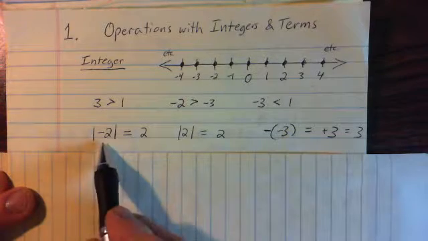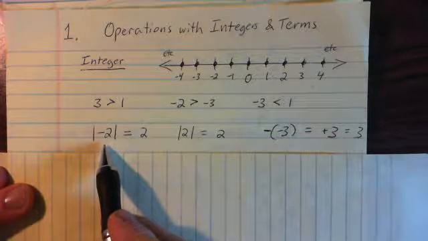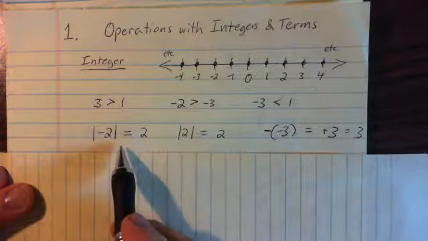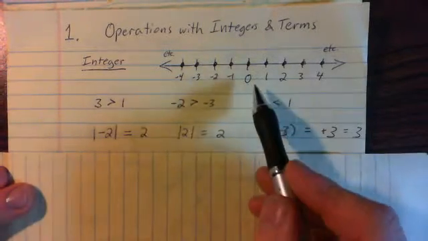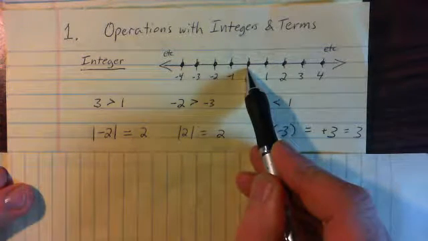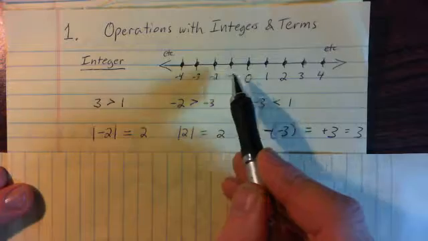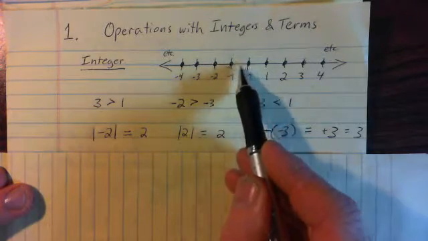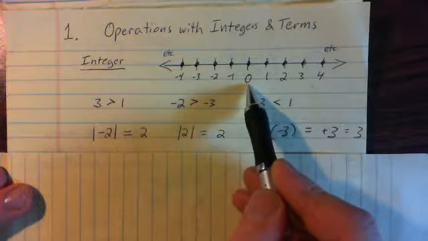Now, absolute value, why is the absolute value of 2 equal to positive 2? Well, absolute value means the distance from 0. So here's 0. So how far away is negative 2 from 0? Well, it's 2 units. It's 2 jumps, or 2 units away from 0.